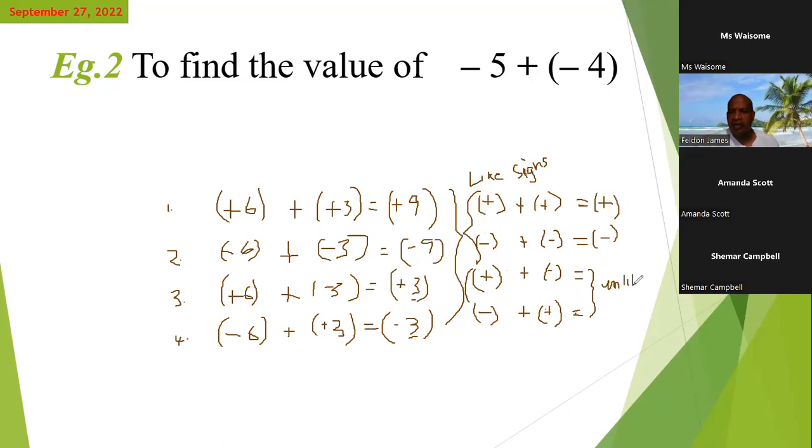So based on that, we can now think of the general rule. Any question? So what we say then, if we are adding integers with the same signs, the answer is going to be the same sign. So if you're adding like signs, you get back the same sign.